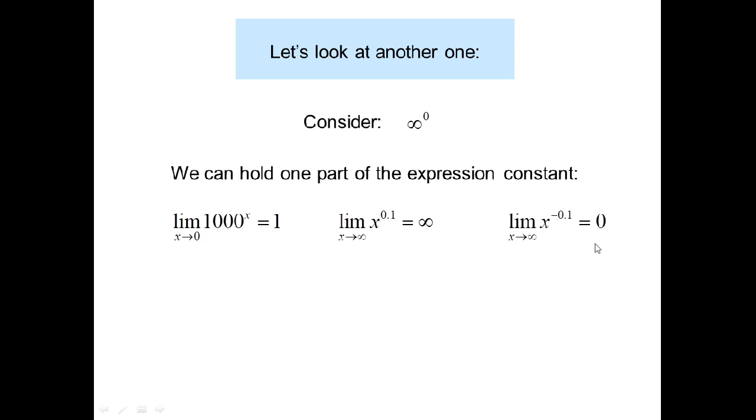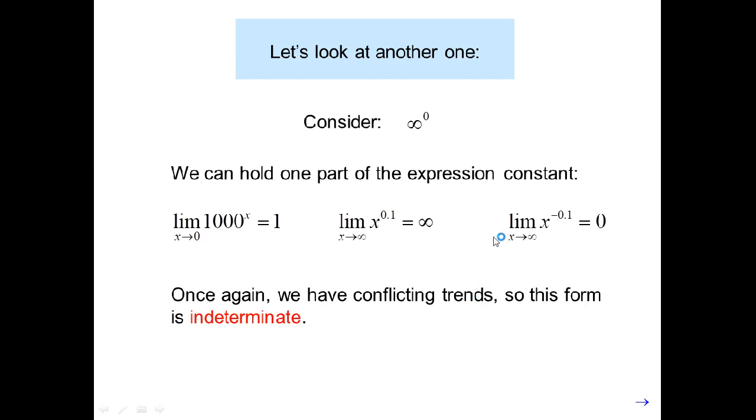Well, it's going to approach 0, because the negative is going to flip it to the bottom, so it's going to be 1 over x to the 0.1, and x is still going to infinity, so the denominator is getting larger and larger, so we go to 0. So with this case, depending on what we're holding constant or letting grow at a slower rate, we're going to approach very, very different values.